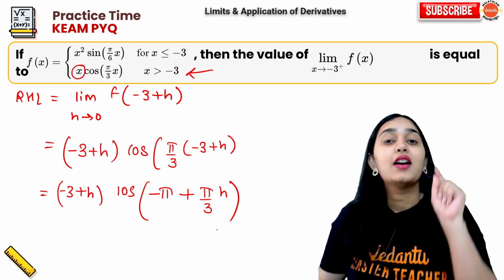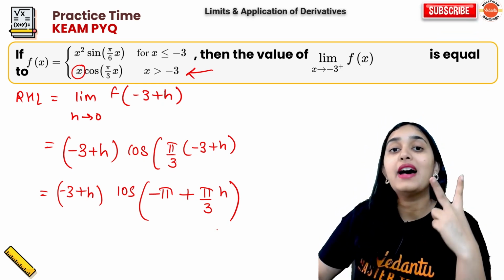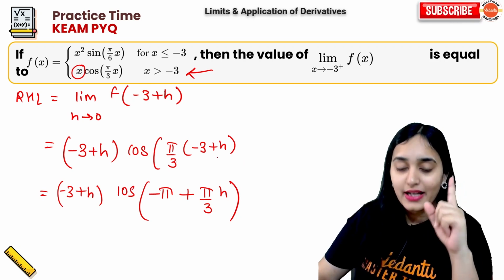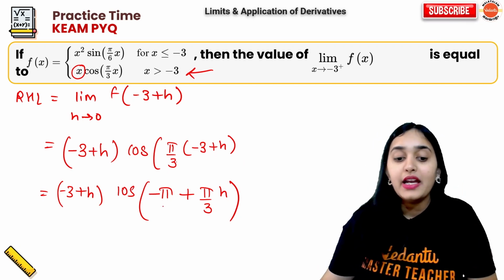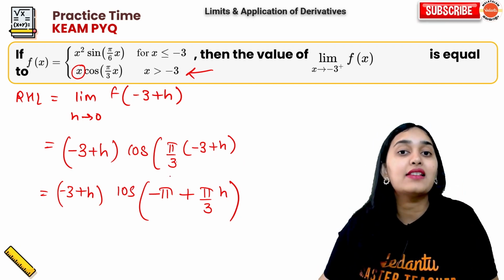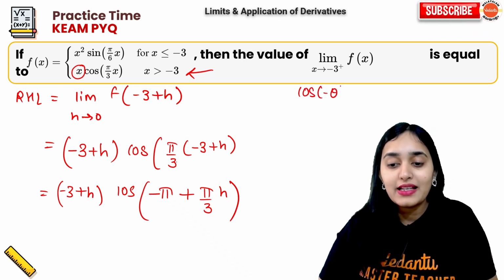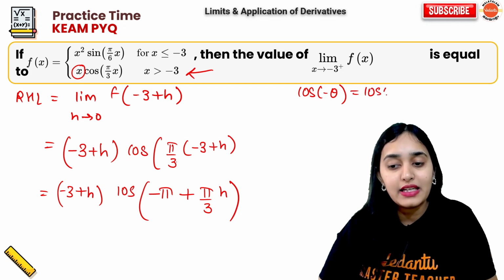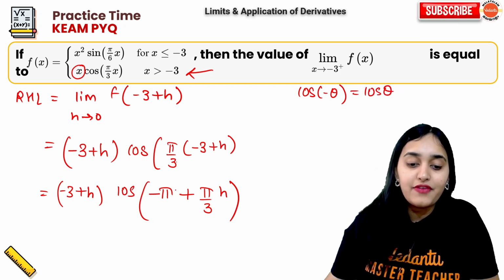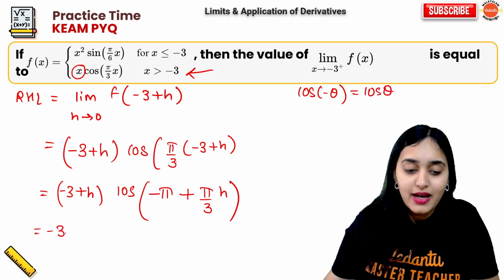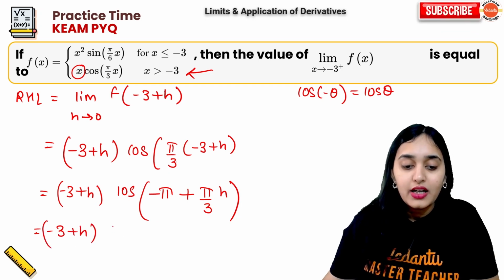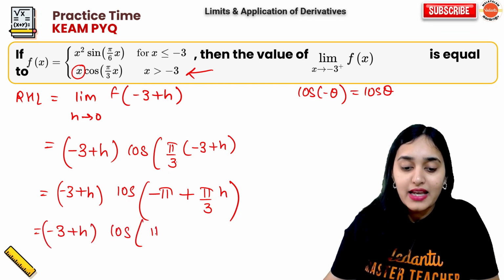Now there are two trigonometric formulas used here. What are they? Formula number 1. If I take out negative sign as common, so basically cos of minus theta is cos theta. So here if I take out minus sign as common, minus 3 plus h, now cos, this can be written as pi minus pi by 3h.